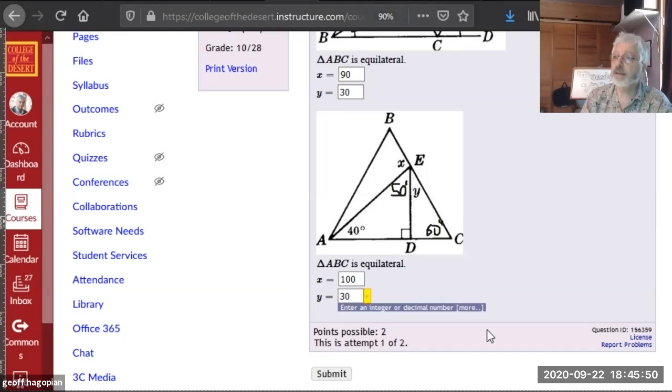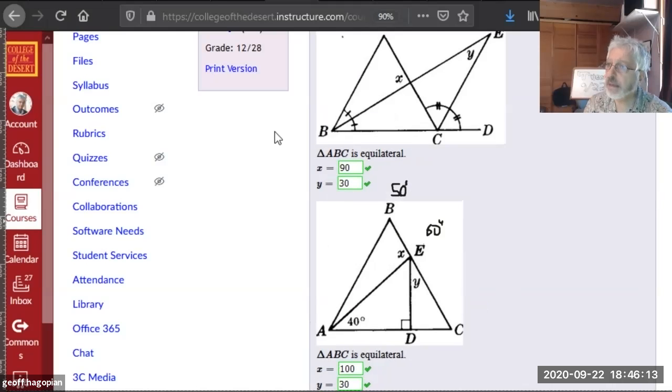Is that clear though? Y is 30 because it's complementary with C. The acute angles of a right triangle are complementary. And so Y plus 60 must be 90. So Y is 30. That means that X plus 80 must be 180, a straight angle. And so X is 100. Okay. And this time it'll accept that answer.